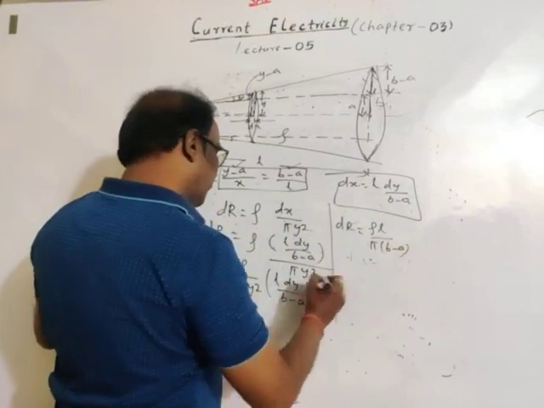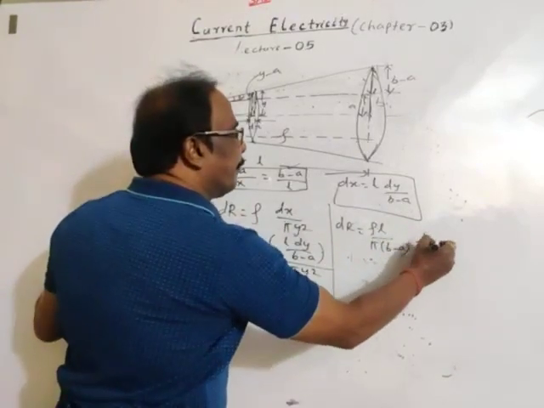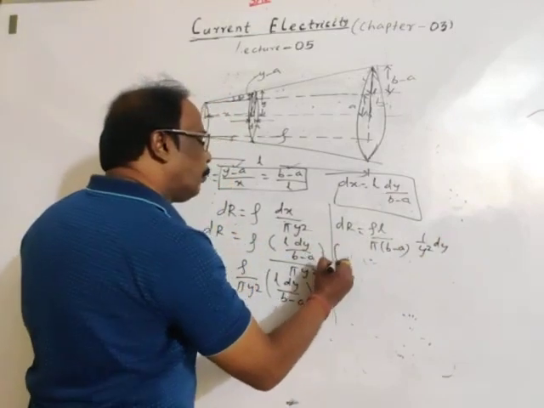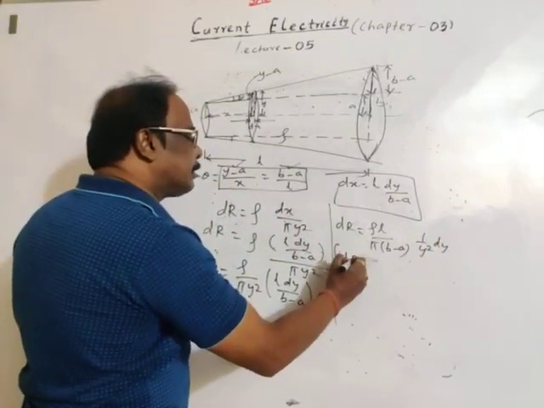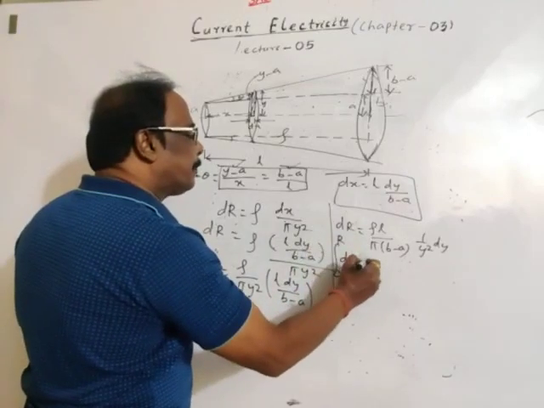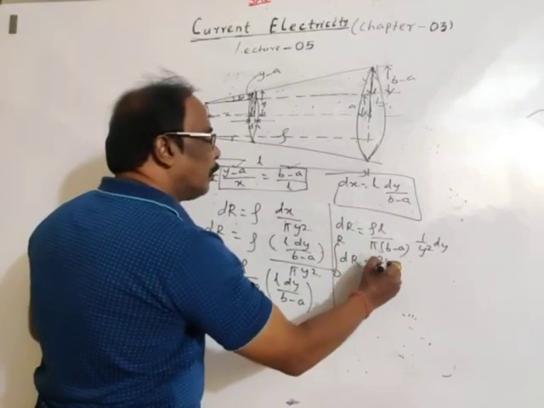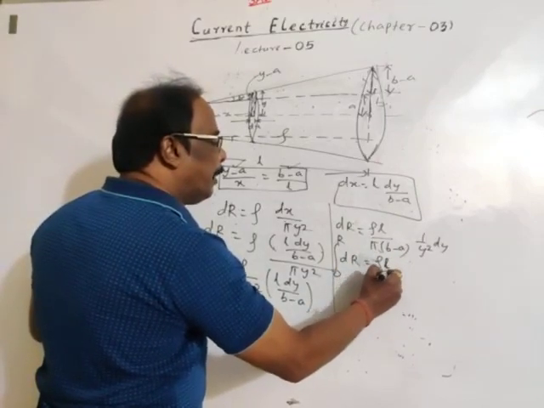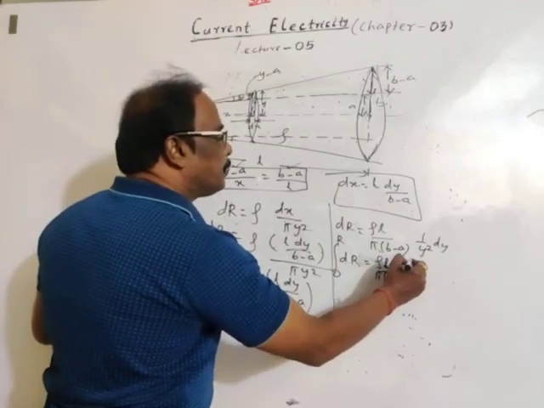Then the remaining factor is 1 by y square into dy. To get total resistance, just integrate both sides. Integration of dR, you may take limits from 0 to R. All these constants: rho L divided by pi into b minus a.